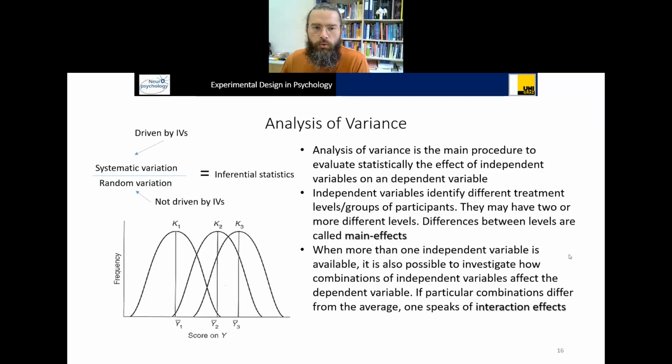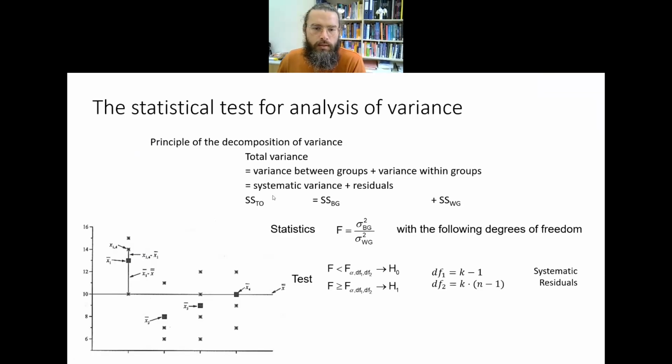All right, so how is the statistic of analysis of variance called? It's called the F-test. And the F-test, as I showed you schematically before, is also a quotient. And in the simplest case, you only have, let's say, one independent variable.